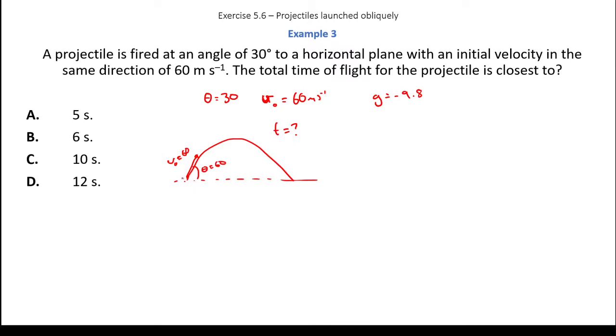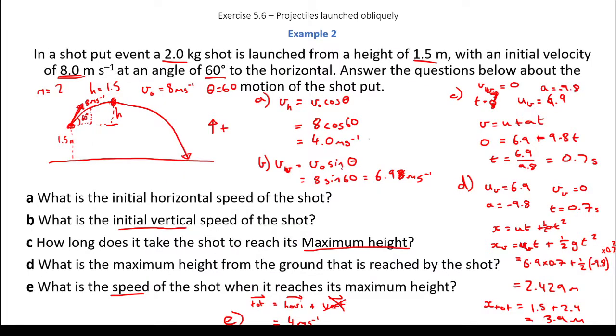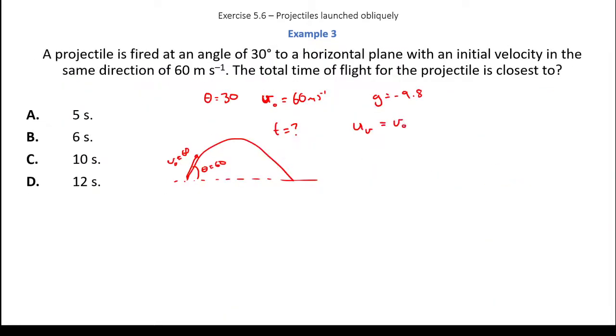In all the ways we go about this, though, we at least need to know the initial vertical velocity. And initial vertical is v naught sine theta. So you get 60 sine 30.